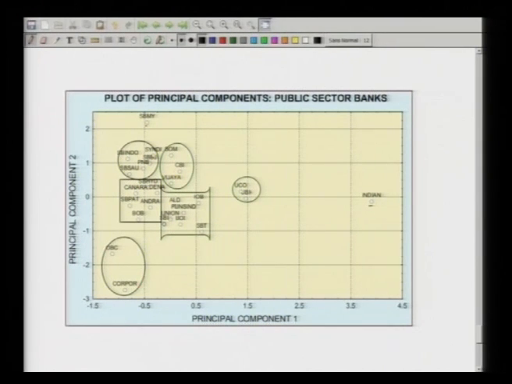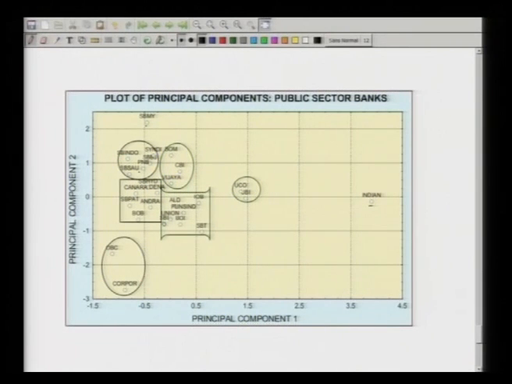Otherwise, you can see the UBI and UCO Bank, they are in one group, not doing too well at that time, and here we have one group of Allahabad Bank, Punjab and Sindh Bank, Overseas Bank, SBI and Bank of India, similarly some other banks.